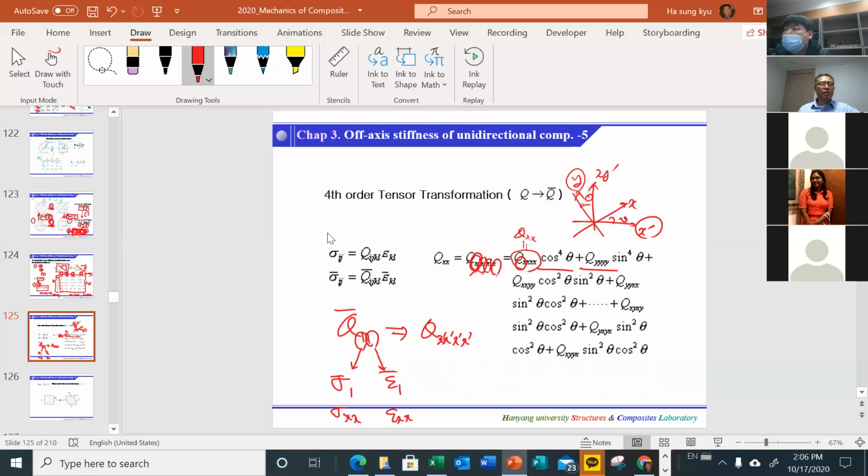So that will be a sine. So 4 times of a sine. And this is the x prime, xx and y. So 2 times the multiplication of a cosine and sine.